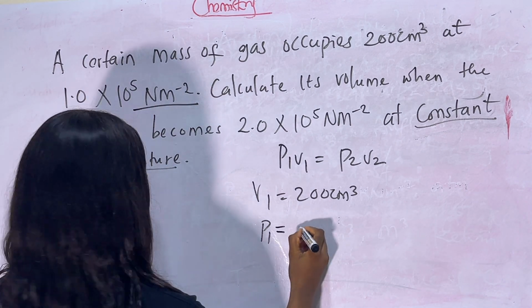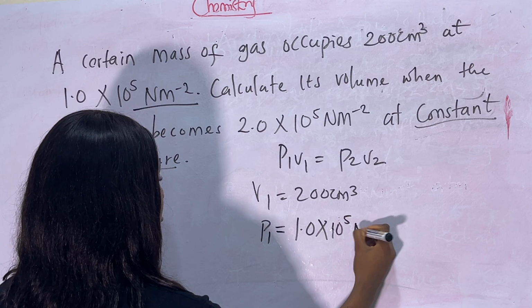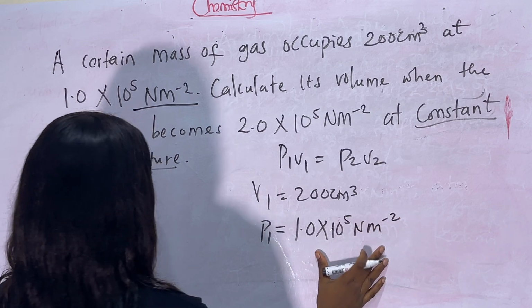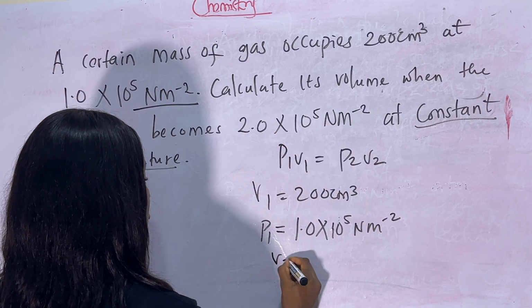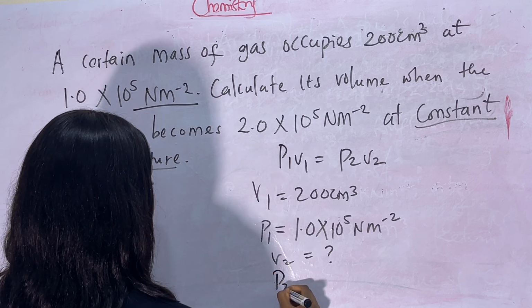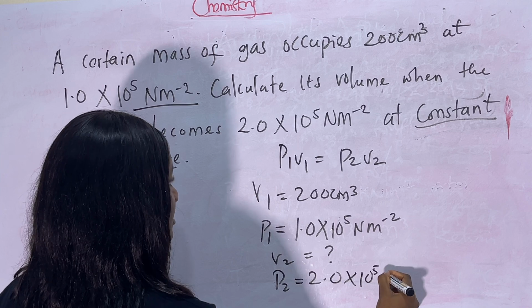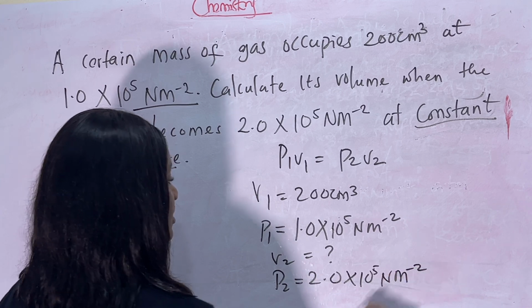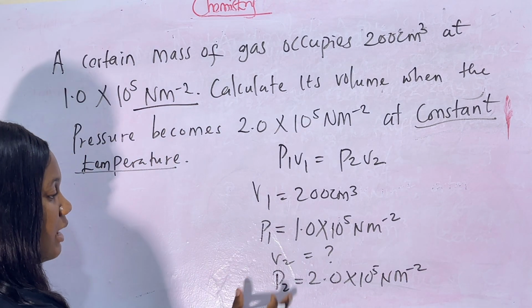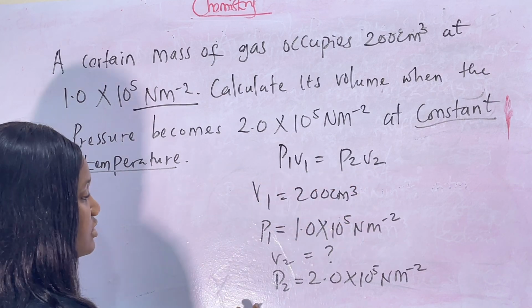So I have P1 as 1.0 × 10^5 Newton per meter square. Calculate the volume, so this is V2, when the pressure becomes, so P2 is equal to 2.0 × 10^5 Newton per meter square.